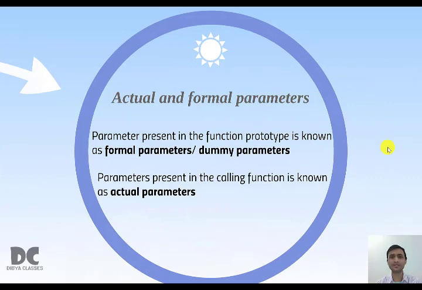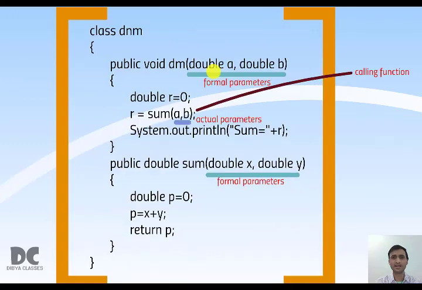The parameter present in the function prototype is known as the formal parameters or dummy parameters. Can you see this parameter which is written just beside public void? Here also in public void, the parameter present in the function prototype line is called the formal parameter. And the parameter of the calling part, here you are calling another function.